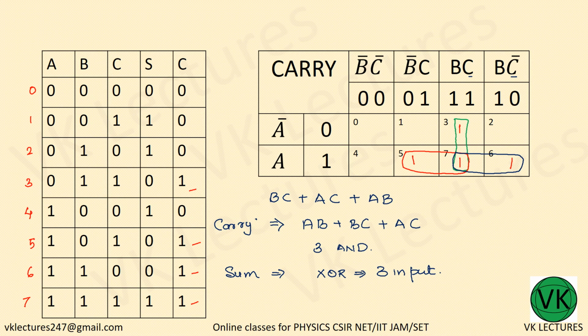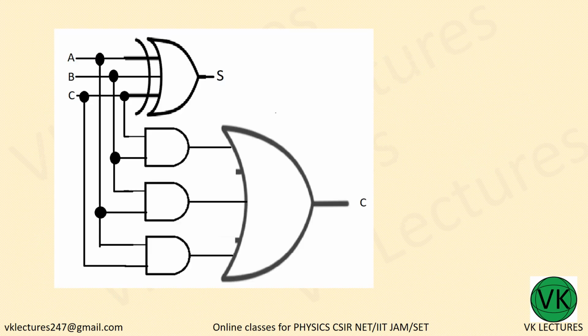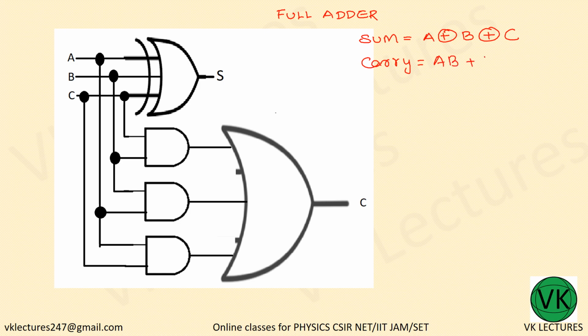So let us draw the circuit. So this is the full adder, which has sum equal to A XOR B XOR C, and the carry equal to AB plus BC plus CA.